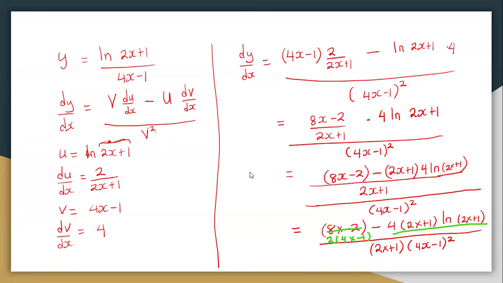Master, you say that it is possible to multiply that 4 throughout. Now, what if someone from step 2 raised it as a power of 2x plus 1? It is also very fine. You bring the 2 here, and you bring the 4 here.